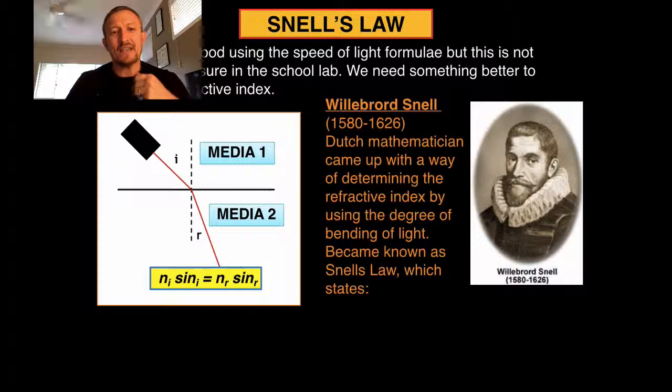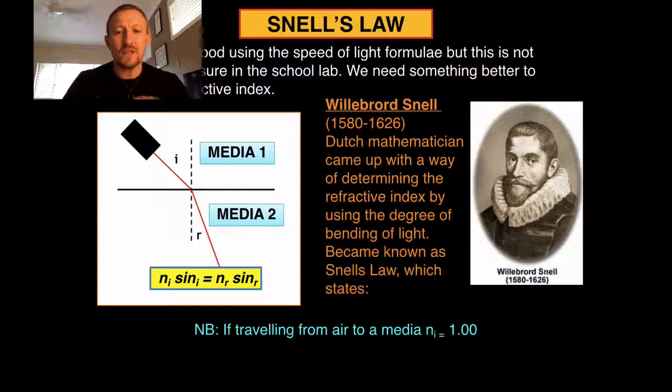The refractive index of the incident medium times the sine of the angle of incidence will equal the refractive index of the second medium, which we're going to call the refracted ray, times the sine of the refracted angle. So we get Ni sine I equals Nr sine R, where I is the angle of incidence and R is the angle of refraction.